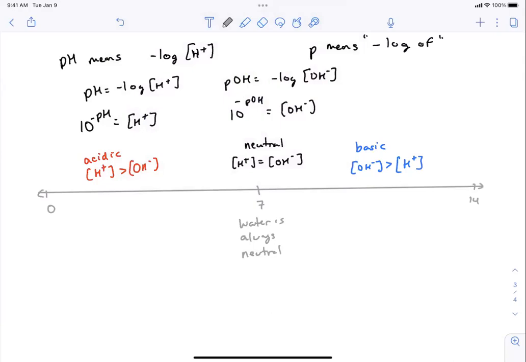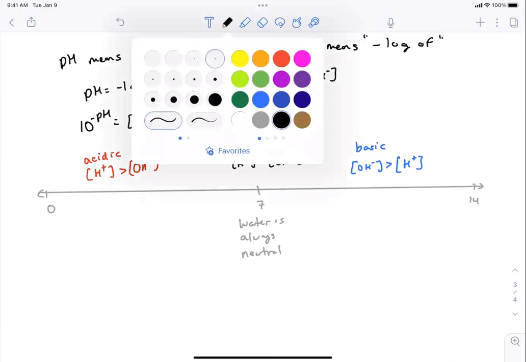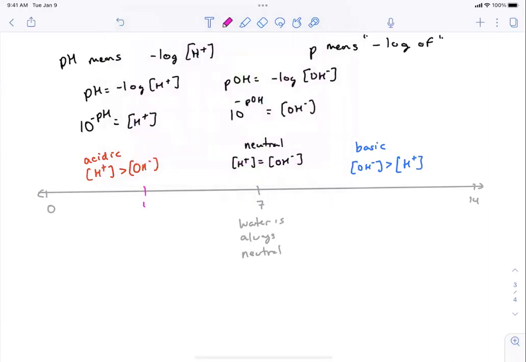Now, what you also have to understand is that every unit of pH is a factor of 10 in concentration. So if I go from a pH of 4 to 5, there's a difference of 10 times in concentration, actually less in that case, because it's becoming less acidic.